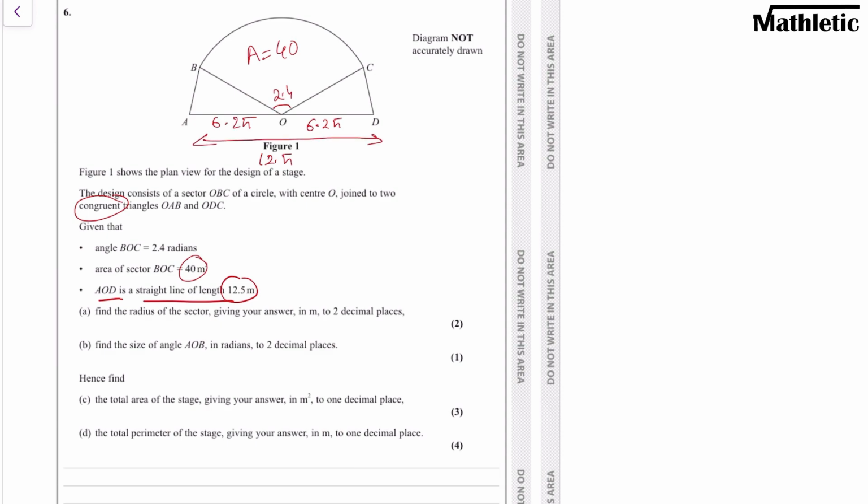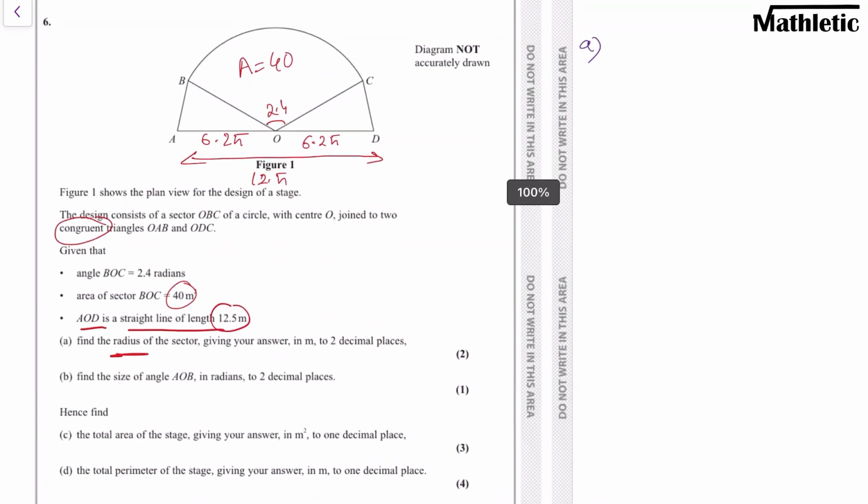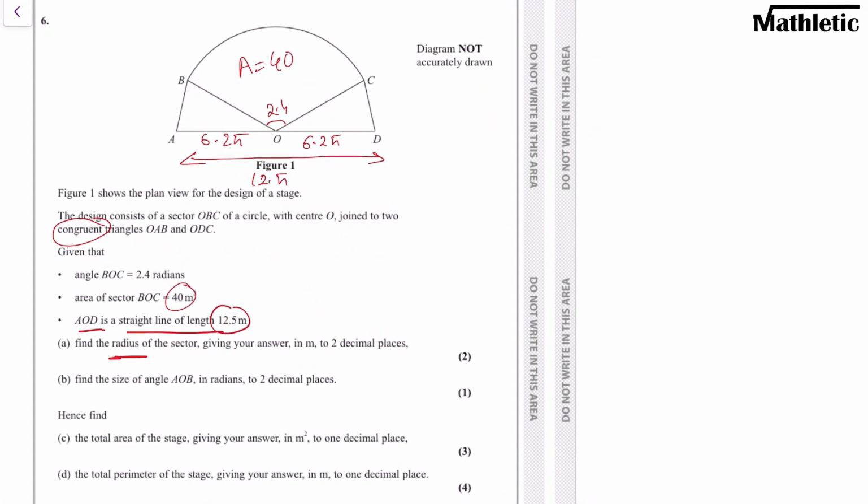Okay, so let's start. For part A, we need to calculate the radius. So area of the sector is what? Half r squared theta. Area is given. Theta is also given, 2.4.